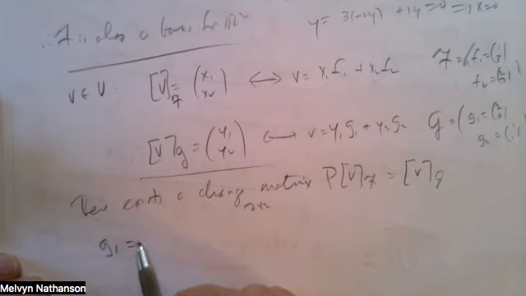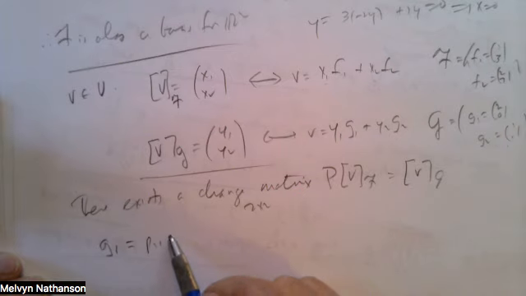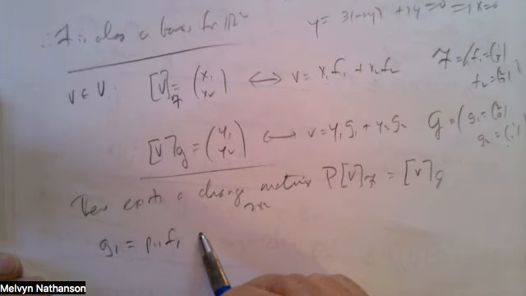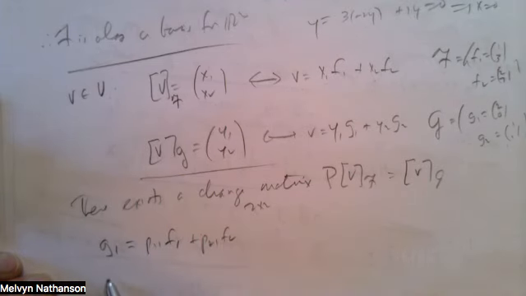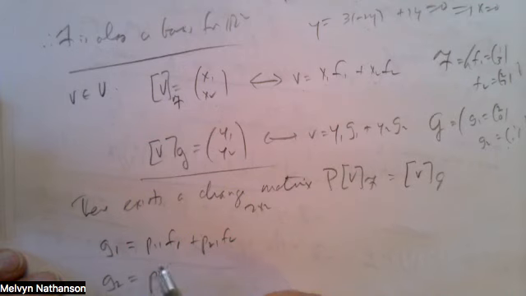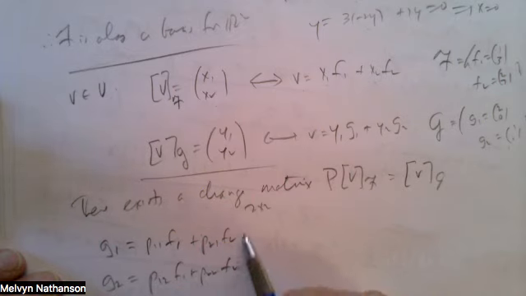Suppose G1 is P11 F1 plus P21 F2, and G2 is some linear combination of F1 and F2, P12 F1 plus P22 F2.